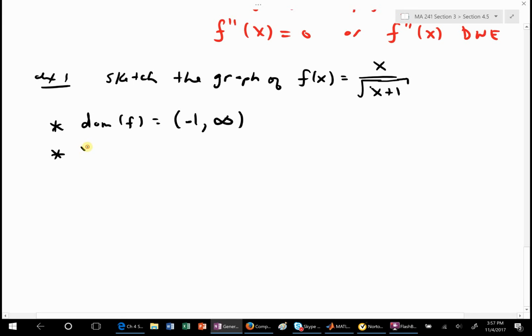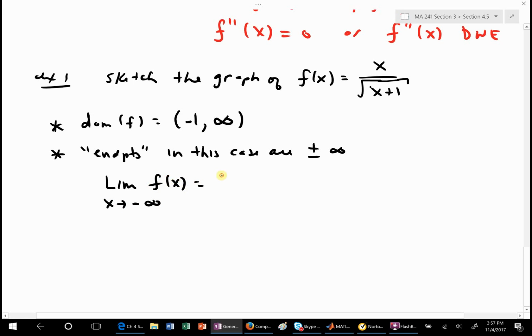So I'm going to look at my endpoints here, which are going to be plus and minus infinity. So I'm going to go ahead and take the limit of f of x as x goes to minus infinity. And that's the limit as x goes to minus infinity of x over the square root of x plus 1.